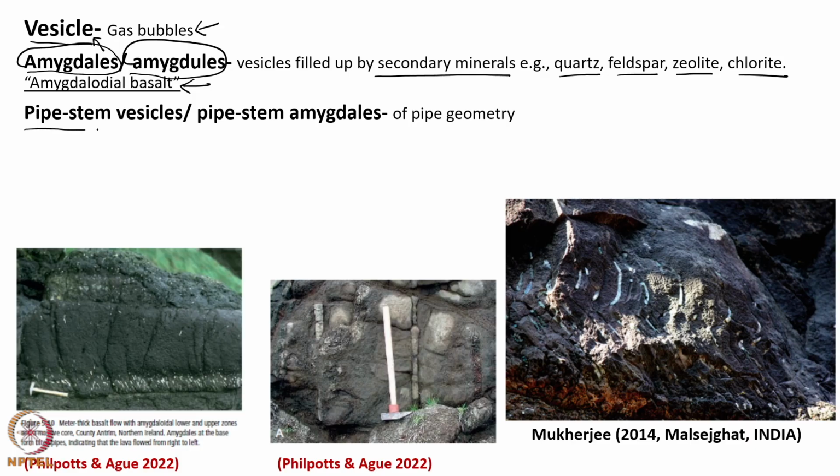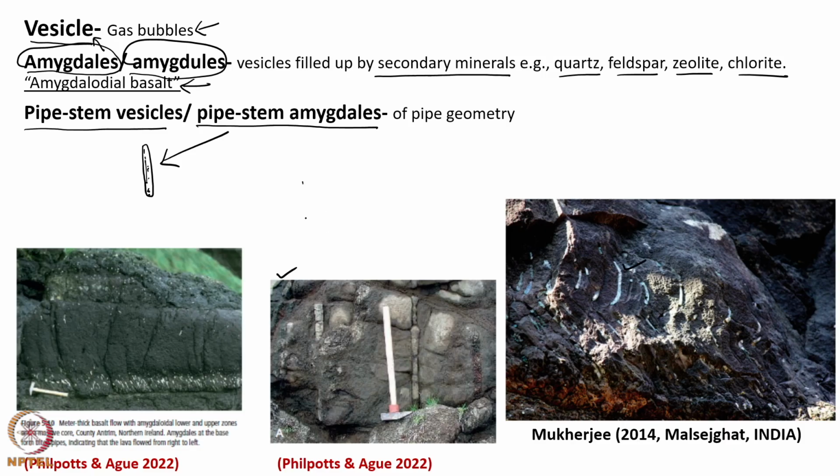Let us look at the pipe stem vesicles and the pipe stem amygdals. The vesicle can be of a pipe geometry, and if it is filled up by secondary mineral, then it is called a pipe stem amygdal. These are good examples of the pipe stem amygdals.